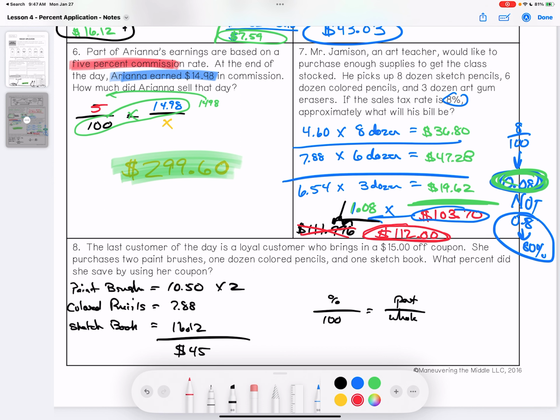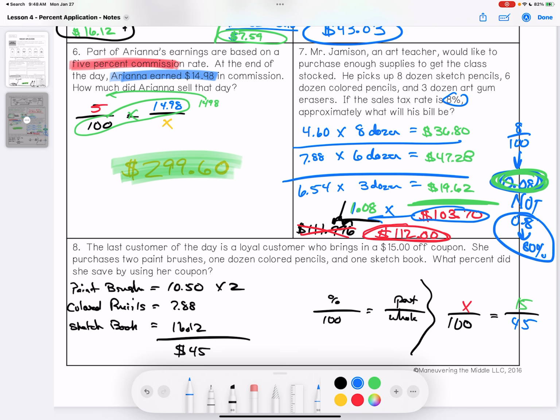All right. The percent is what we're looking for. Part was the $15, and the whole was the total cost, which was $45.